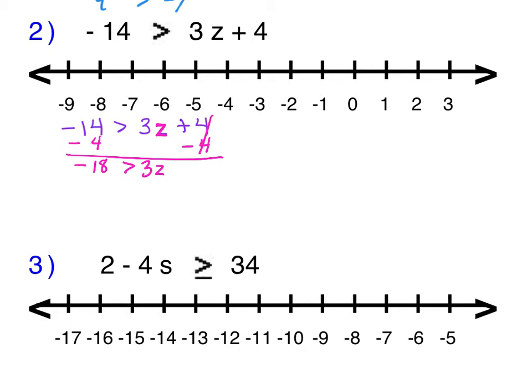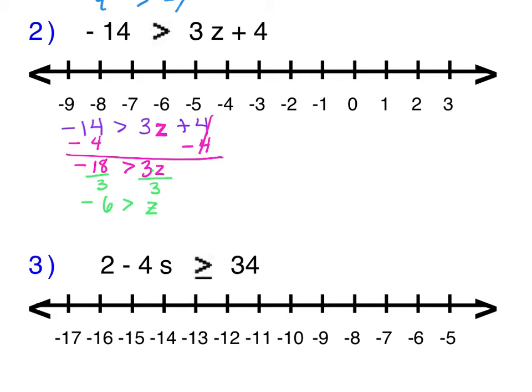Now I have 3 times z, so the opposite of multiplication is division. I'm going to divide by 3 on both sides. I'm not dividing by a negative, so my inequality stays the same, and I'm left with z. Negative 18 divided by 3 will give you a negative answer, so it's negative 6.